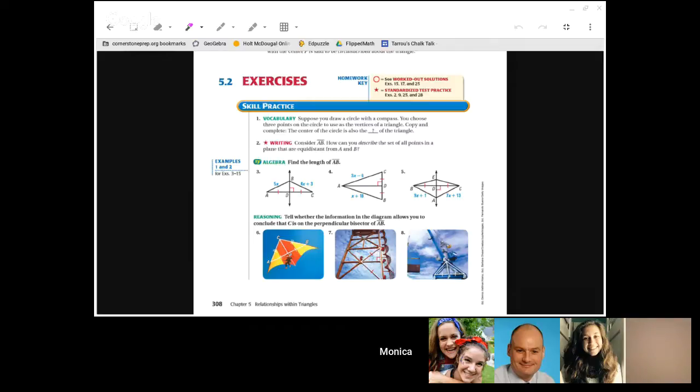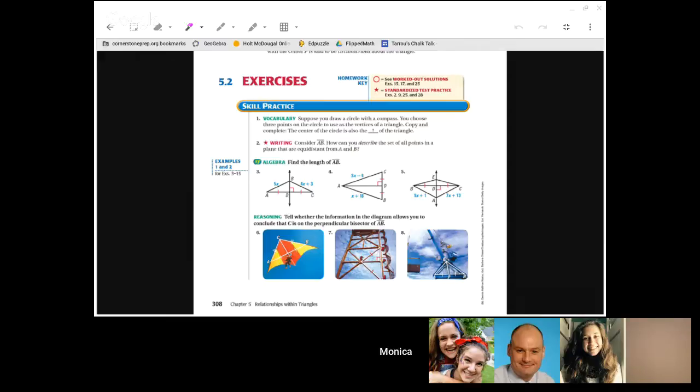Now, if you look at number 8, what do we know about C compared to segment AB? Does the picture tell us anything? That's right. There's not enough to show any congruency there because it doesn't have any.